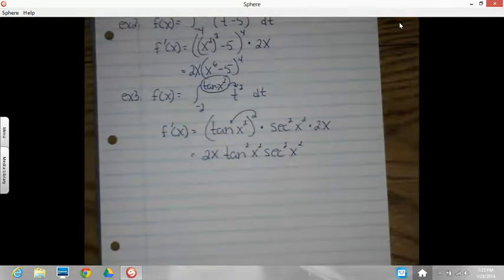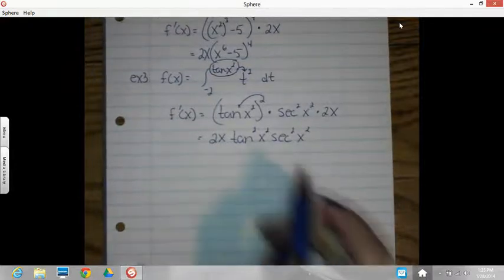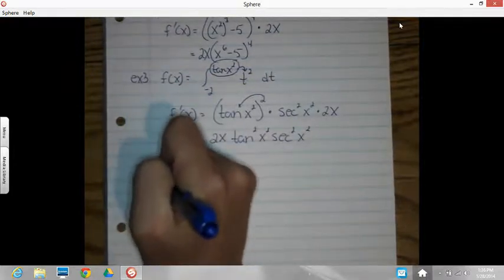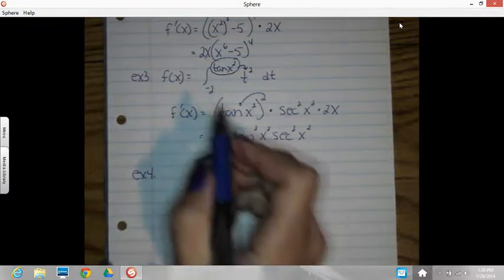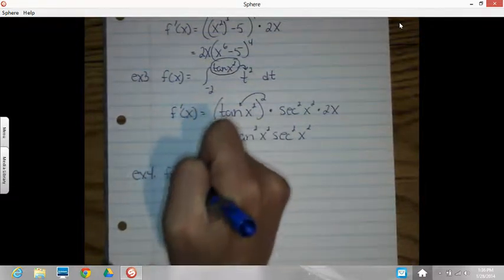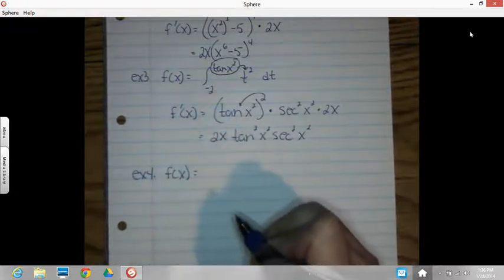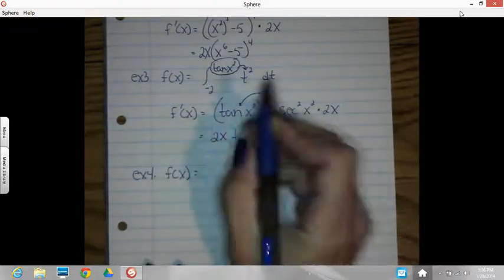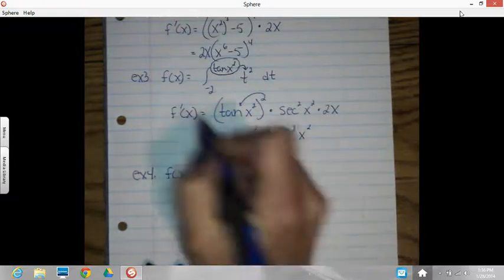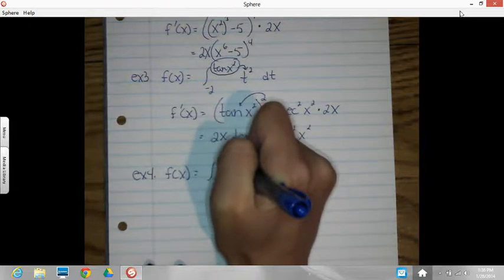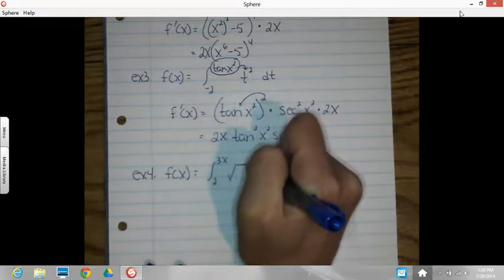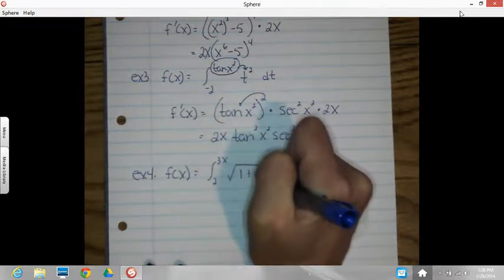Okay, I'll do one more just for good measure, but that's about it. See, we could have squeezed this in yesterday, but I think that would have been a really long day. f of x equals the integral from 2 to 3x of the square root of 1 plus t cubed dt.